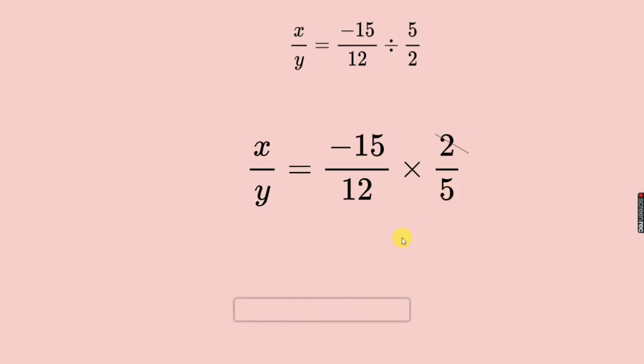Now simplifying it, 5 threes are 15, 5 ones are 5, 3 ones are 3, 3 fours are 12, so 2 ones are 2 and 2 sixes are 12. So multiplying minus 1 with 1, we get minus 1, and 2 with 1, we get 2. So x upon y is equal to minus 1 upon 2, which is the required rational number.